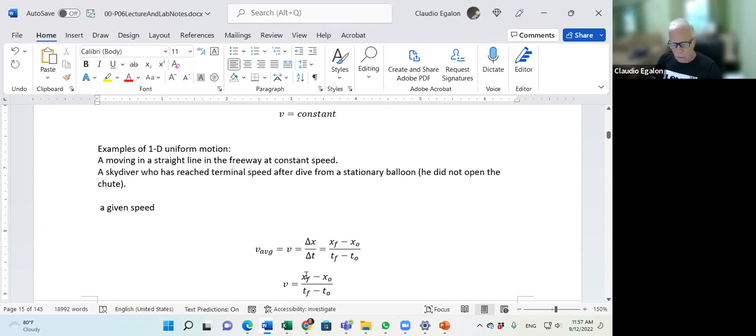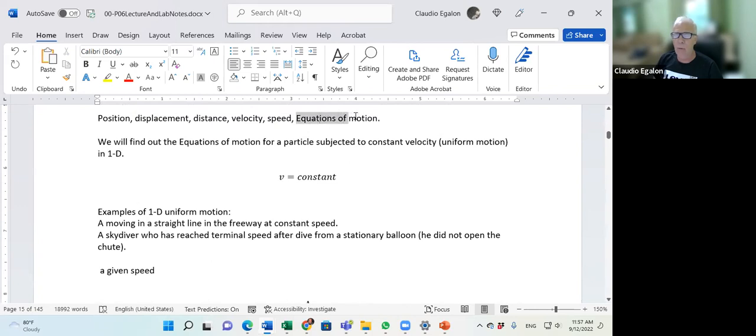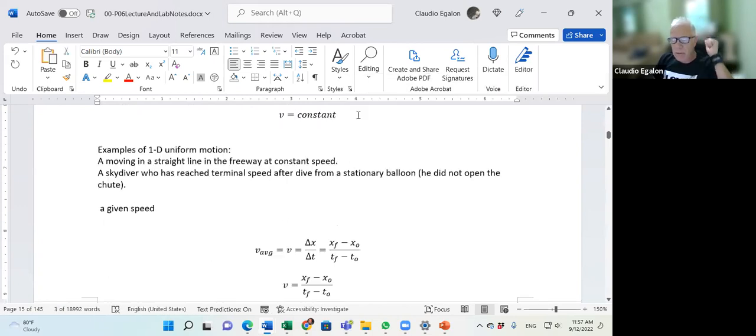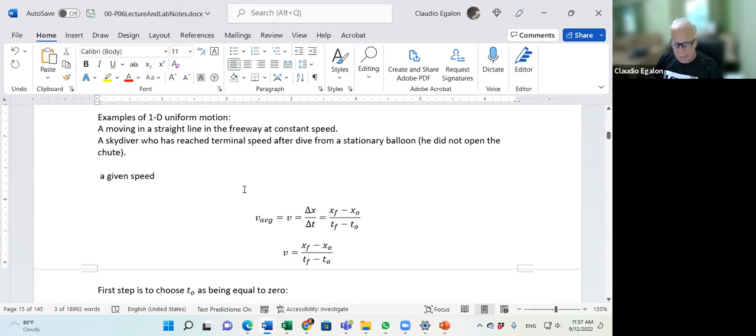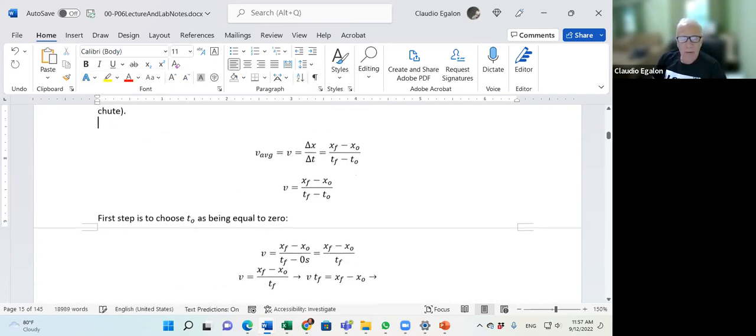So how do we go about getting what I call the equations of motion? The equations of motion are nothing but a relation between the position and the velocity. We start with the equation for the average velocity, delta x over delta t.